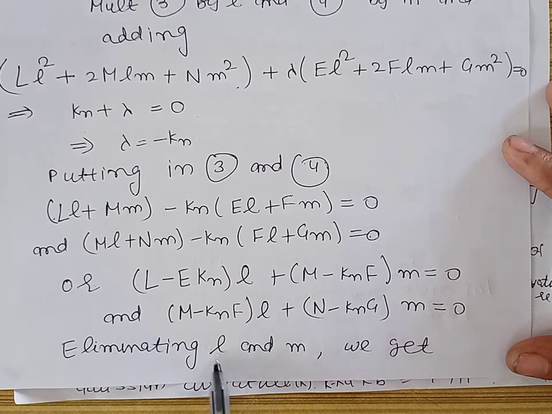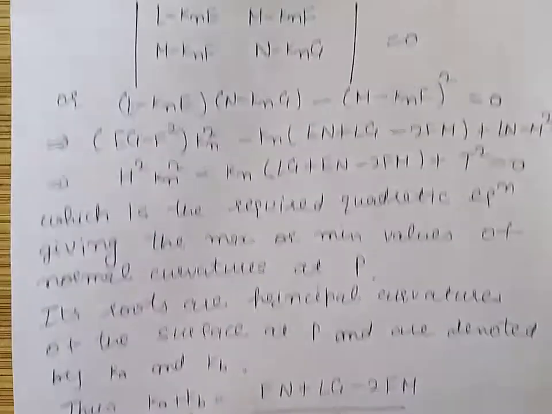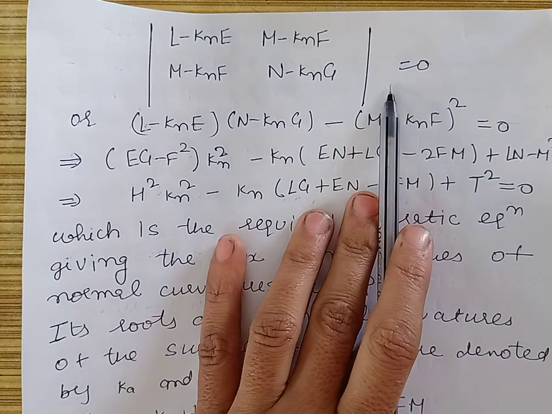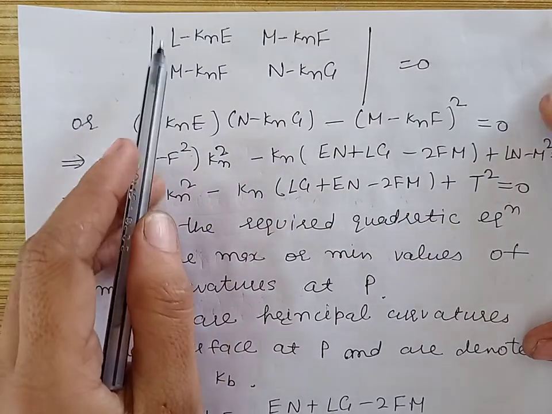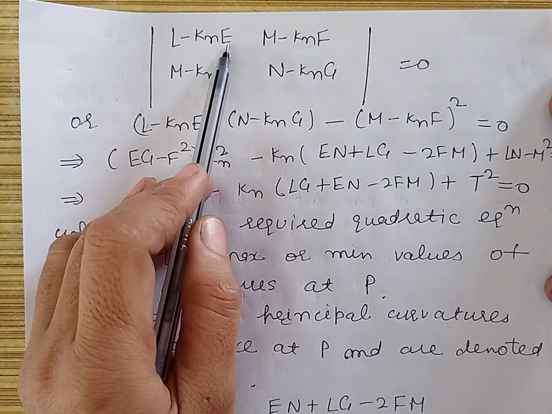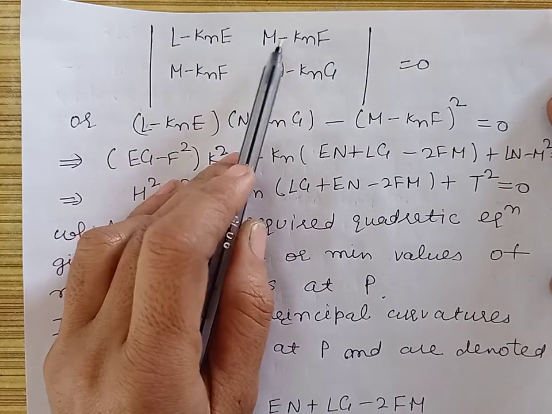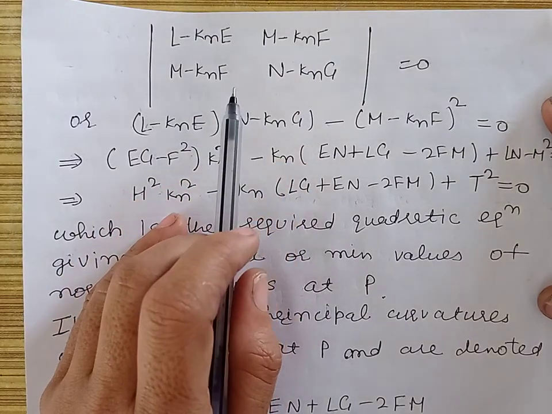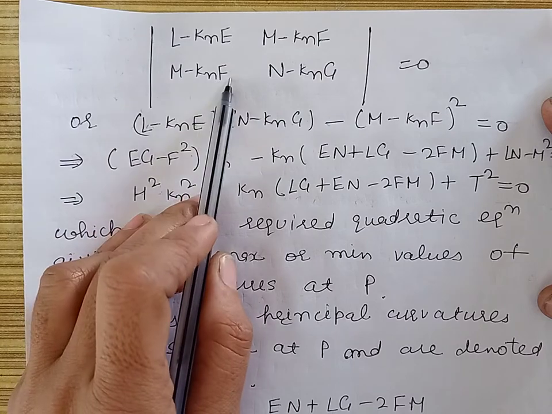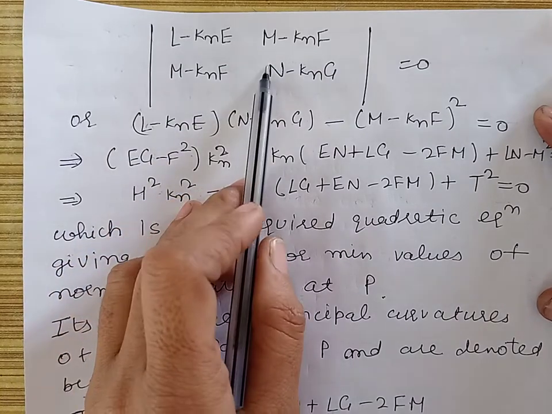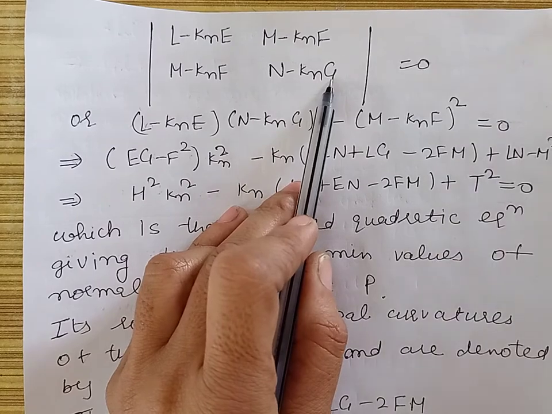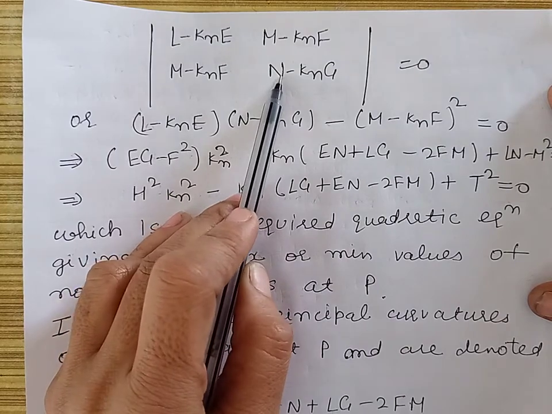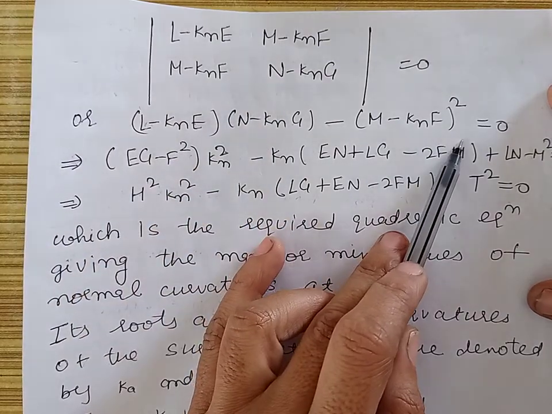Now eliminating l and m from these two equations, we get the corresponding determinant equated to 0. In the first equation, the coefficient of l is L − κn E, and the coefficient of m is M − κn F. In the second equation, the coefficient of l is M − κn F, and the coefficient of m is N − κn G. Now this determinant equated to 0 gives us the product of these two terms minus the product of these two terms is equal to 0.